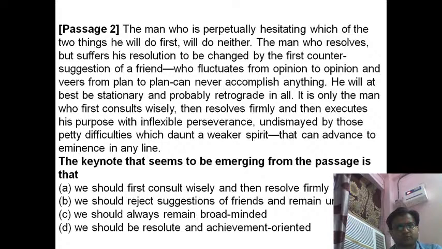He will at best be stationary and probably retrograde in all. It is only the man who first consults wisely, then resolves firmly, and then executes his purpose with inflexible perseverance, undismayed by those petty difficulties which daunt a weaker spirit, that can advance to eminence in any line.